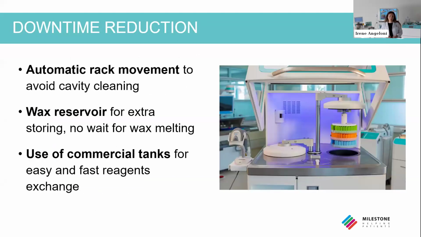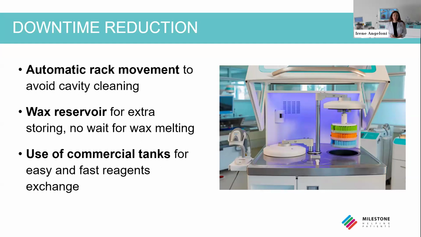The first important way in which we can reduce the downtime is by eliminating the time where we can't use the unit. This is, for example, during the cavity cleaning. So in our processor, we can directly start with a new run as soon as the previous one is finished, avoiding these cavity cleaning cycles.